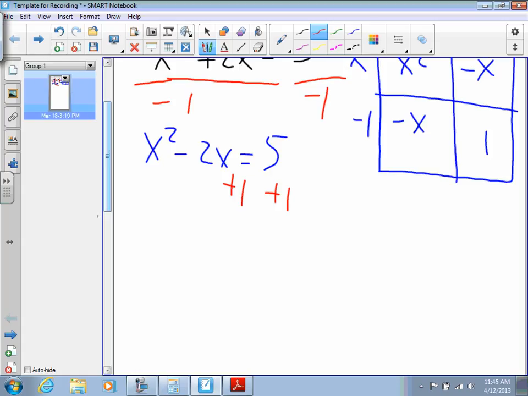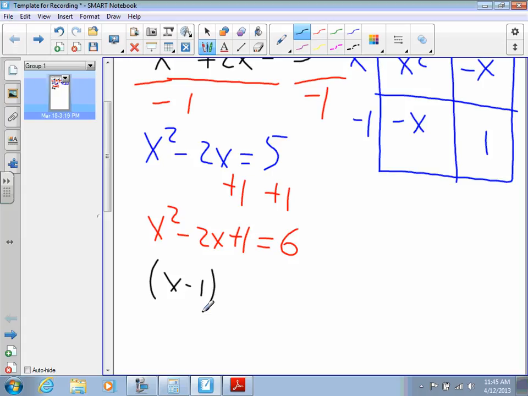And that will give me x squared minus 2x plus 1 equals 6. Okay, I can now go ahead and write this left-hand side in factored form. So I have x minus 1, which again, I can just look back to the box I've already used to find that.